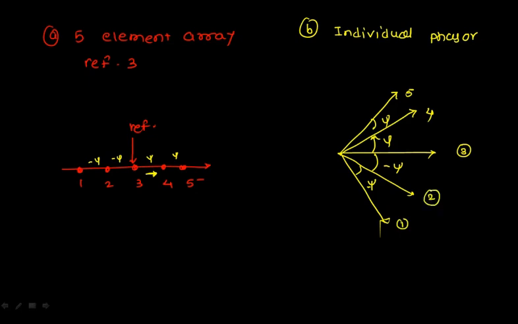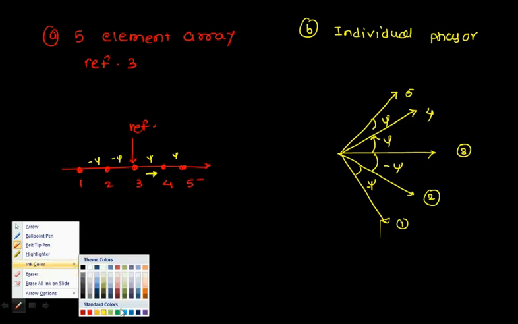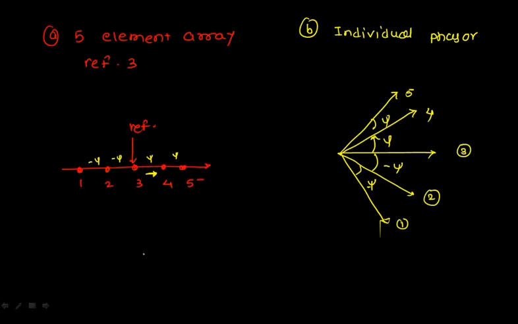Now, while calculating the total field, you need to add all these phasors. So, what will be the resultant of this? When it shifts to the center, obviously, your source 3 here, I'll just try to do here. So, this is nothing but your source number 3 right now. ठीक है, आपका ये source 3 है, ये आपका reference है, ठीक है.